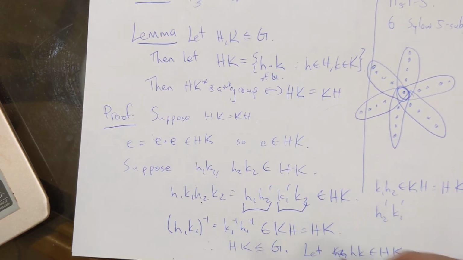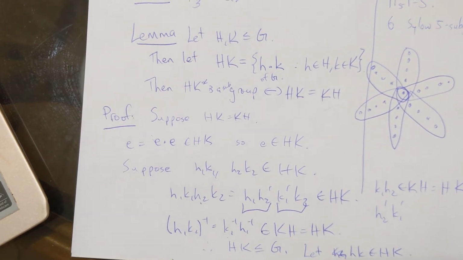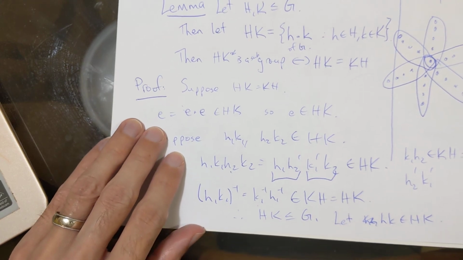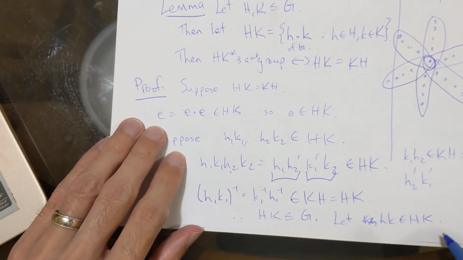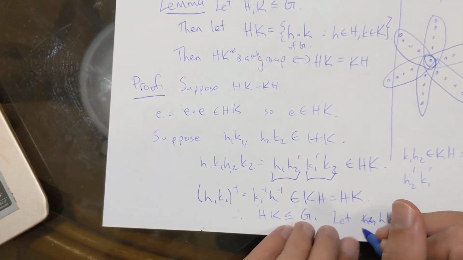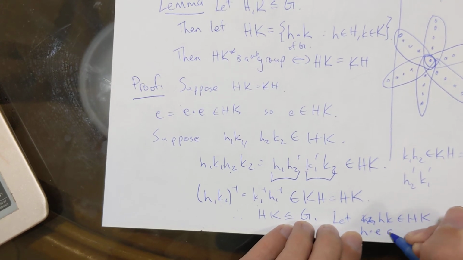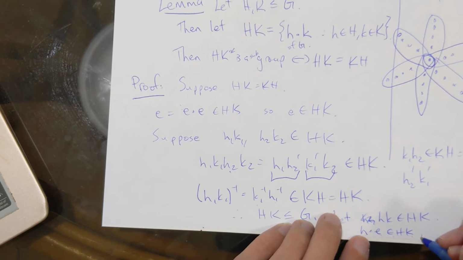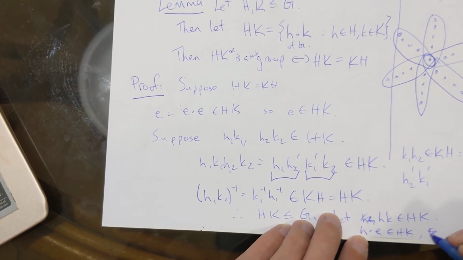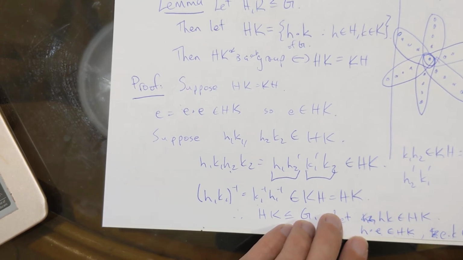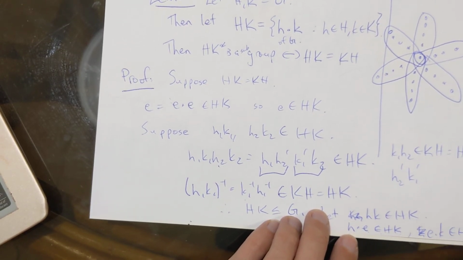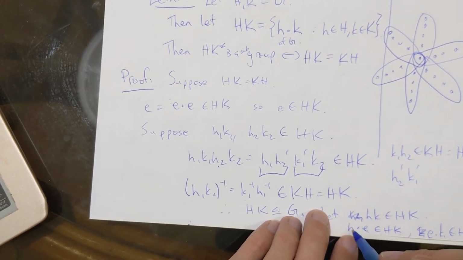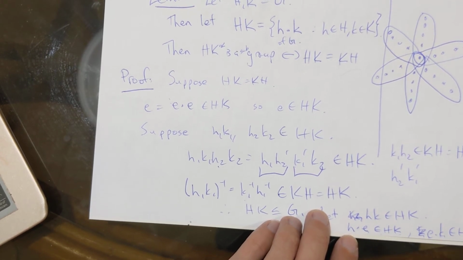Well, actually, I guess there's an easy way. What we can do is, h times e is in HK, since e is in K and h is in H. And e times k, that's also in HK. Okay, and now since HK is a subgroup, e times k times h times e is also in HK, but that's just k times h.